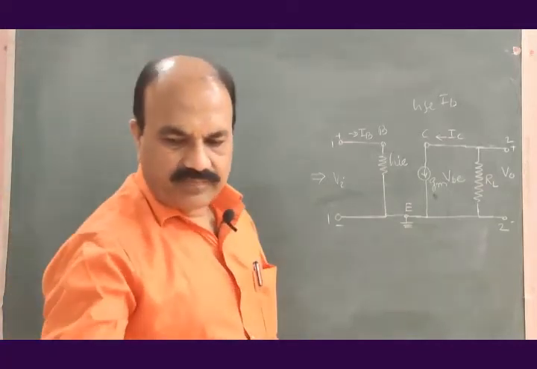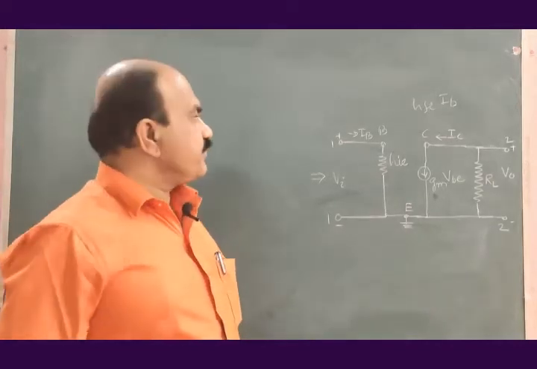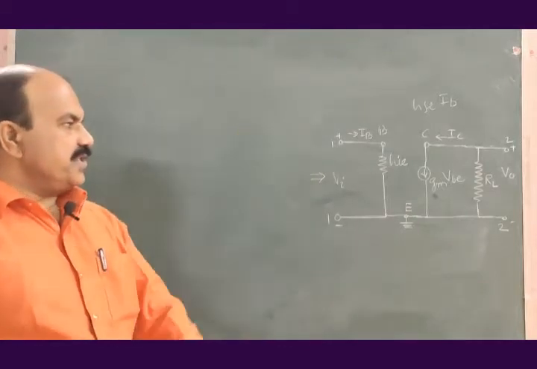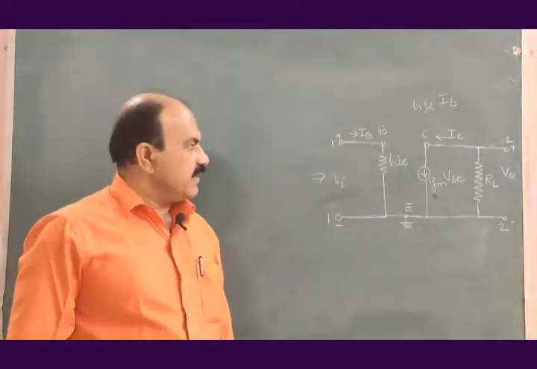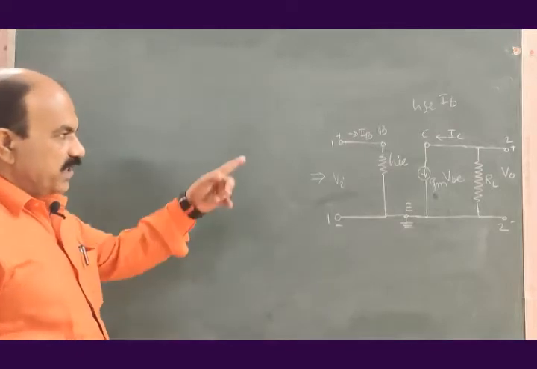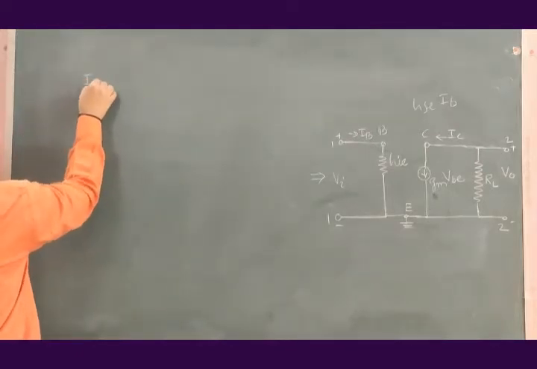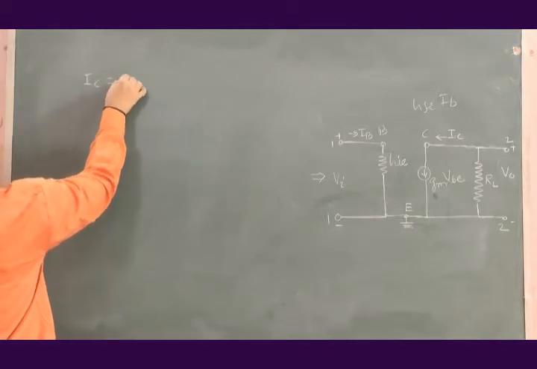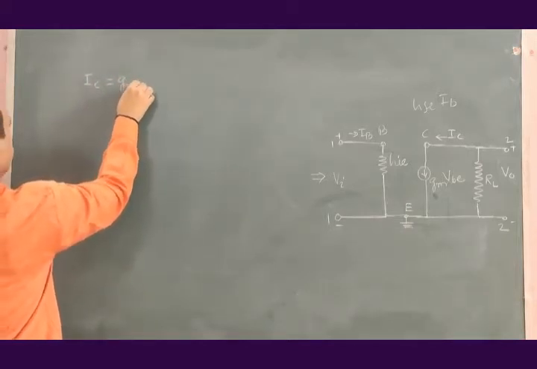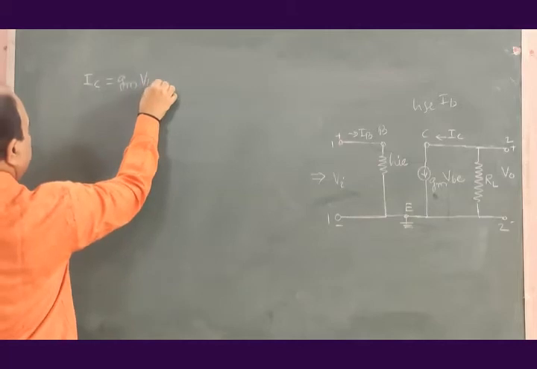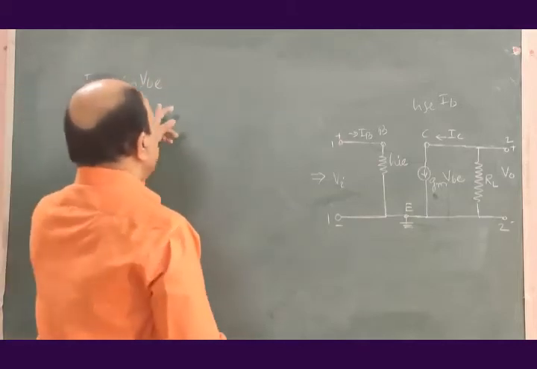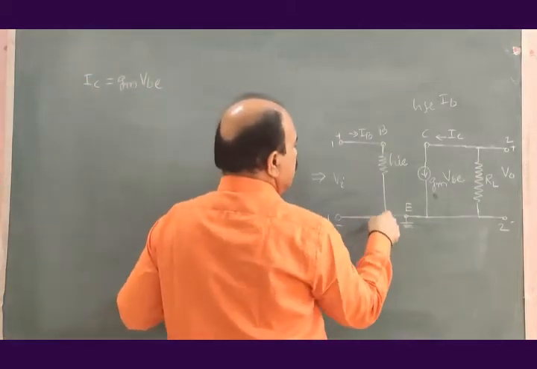Now, let us consider this figure. What is output current from this figure? From this figure, output current is collector current, which is given as GMVBE. VBE, voltage between base to emitter.